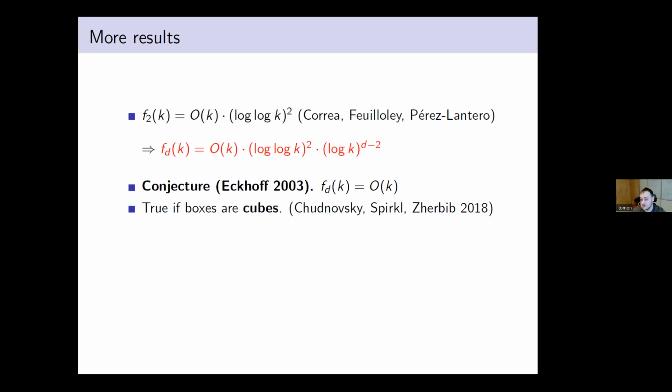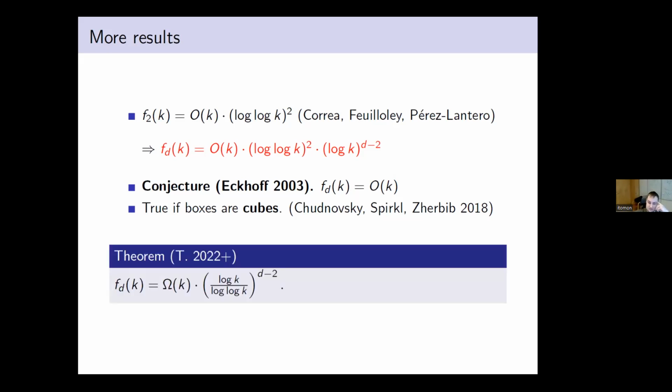For example, Chudnovsky, Spirkl, and Zerbib proved that if all the boxes are cubes, meaning that the boxes have equal side lengths, then the conjecture is true. They also considered some special cases where you assume something about the intersection pattern of boxes, like you tell how many vertices one box can contain of another, and in this case you also have linear or close to linear. So in general, it was believed to be linear.